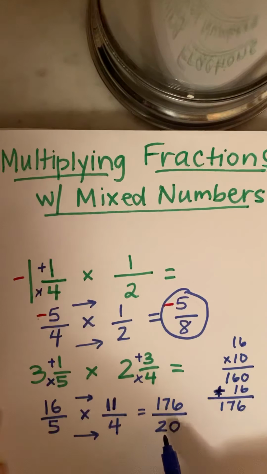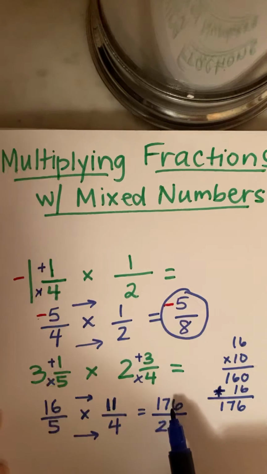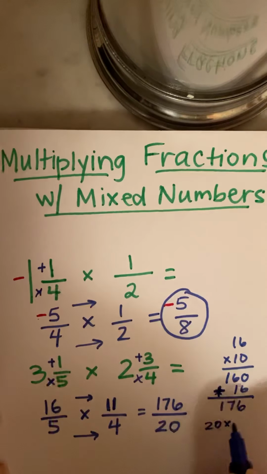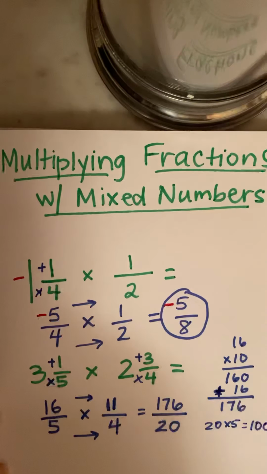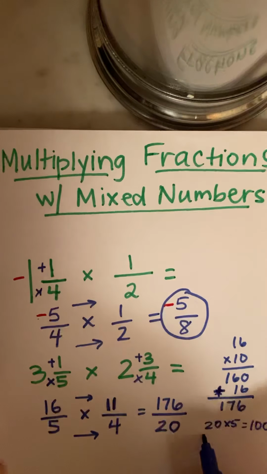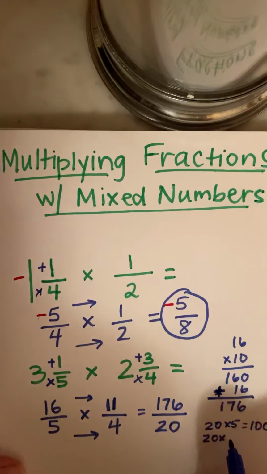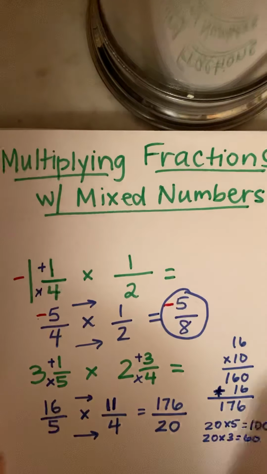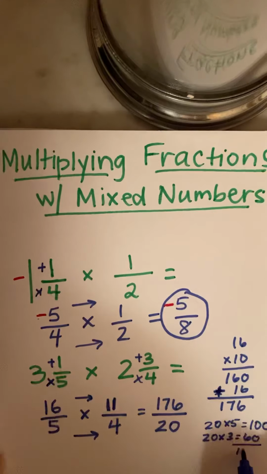So we want to think about how many 20s are in 176. So I know that 20 times 5 is 100. And I know that 20 times 3 is 60. So that would be 160.